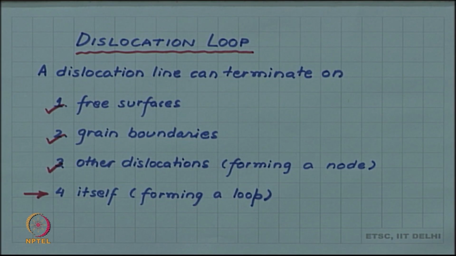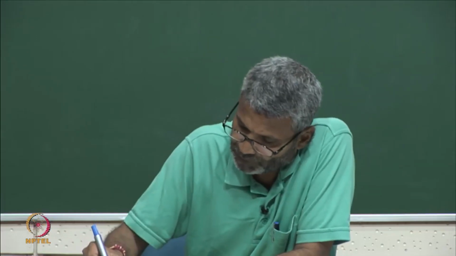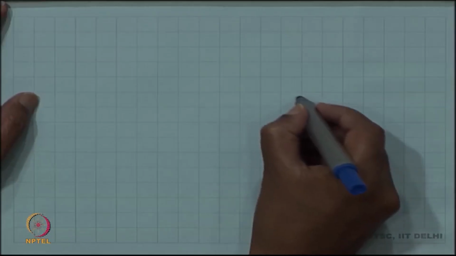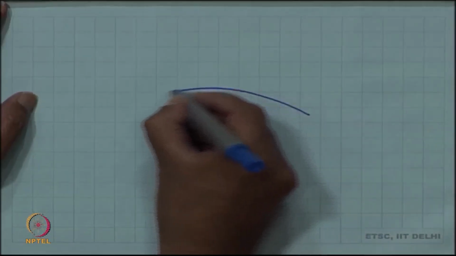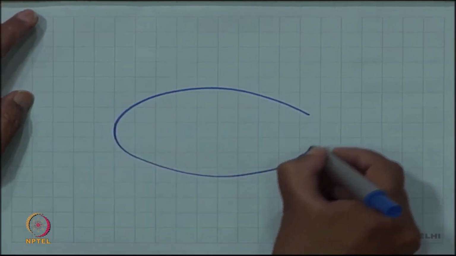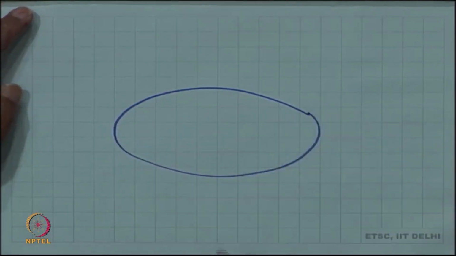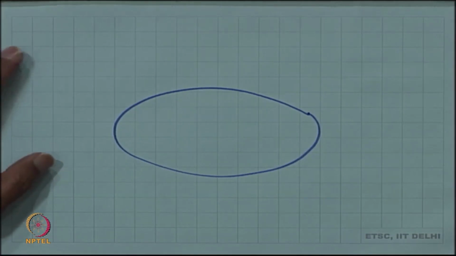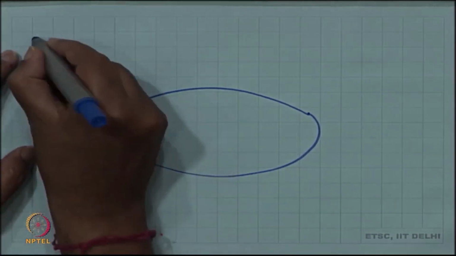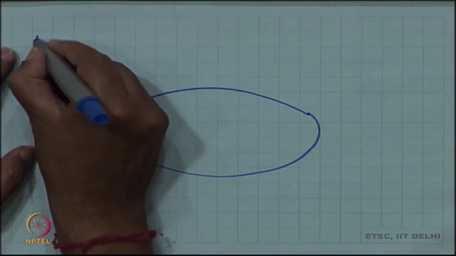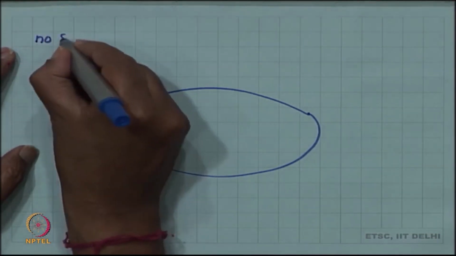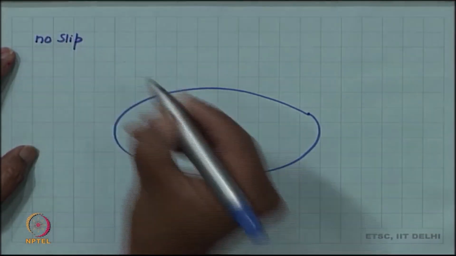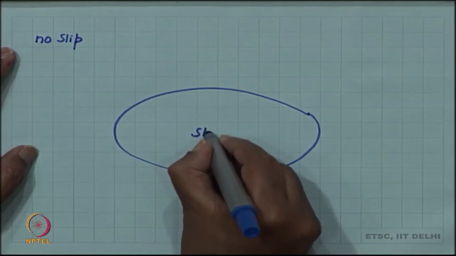So, let us consider this whole plane of the page as the slip plane, and on this slip plane let us consider that there is some sort of a closed loop which is a dislocation line. So, let me mark the outside region as no slip and the inside as slip.